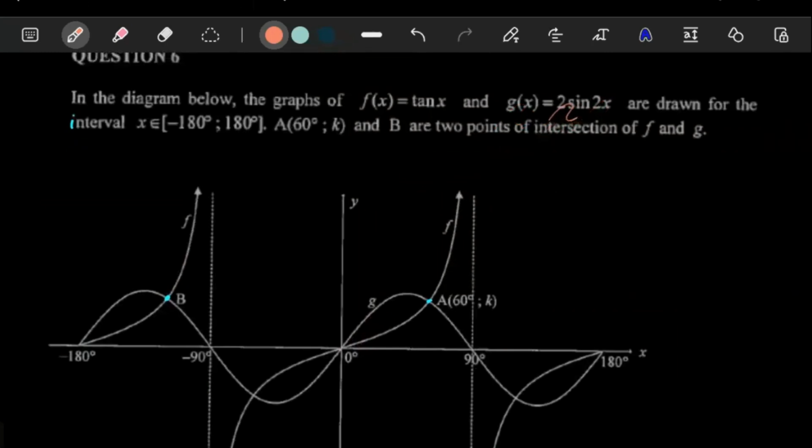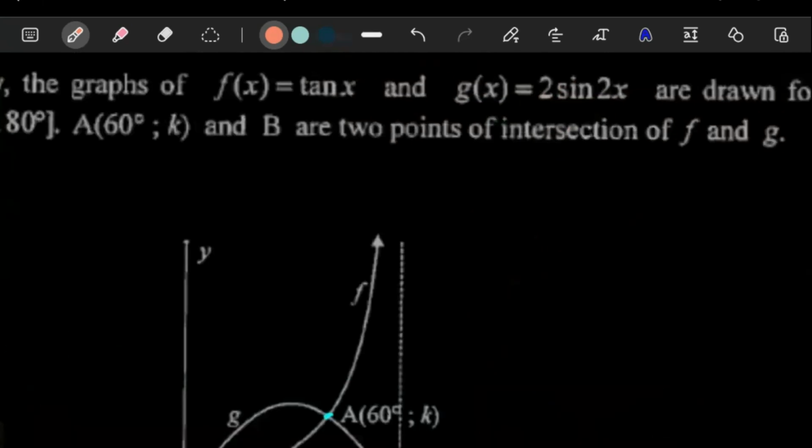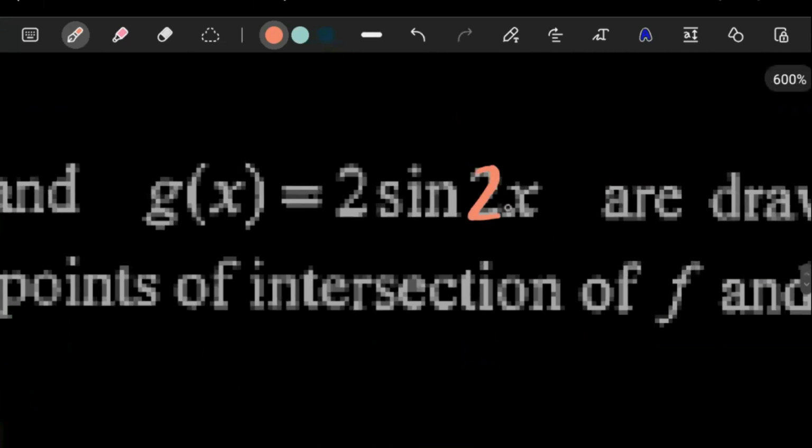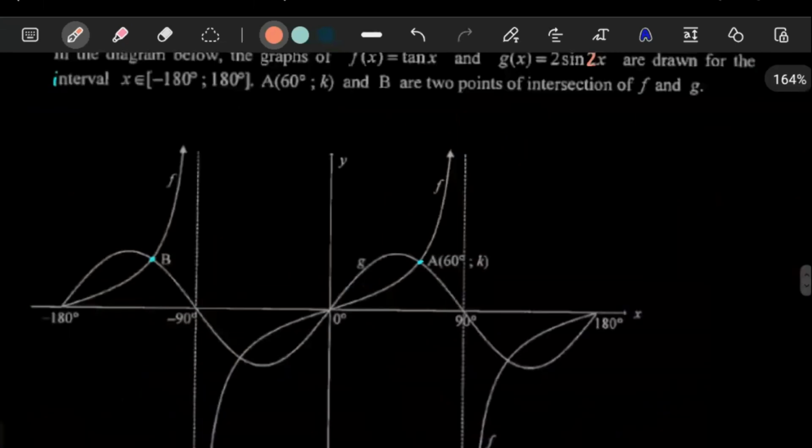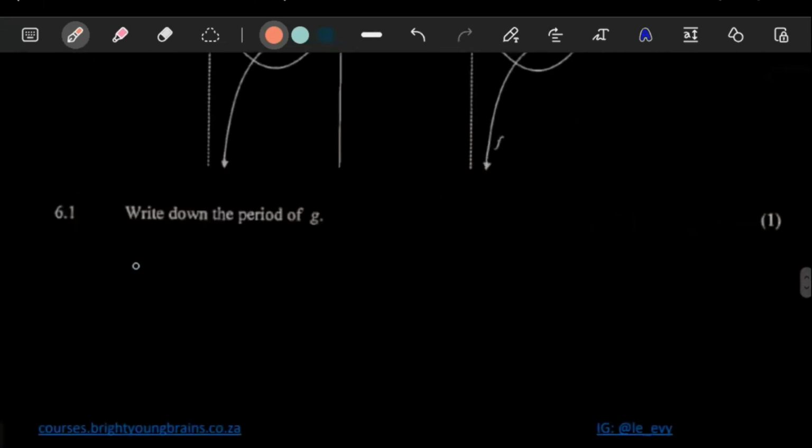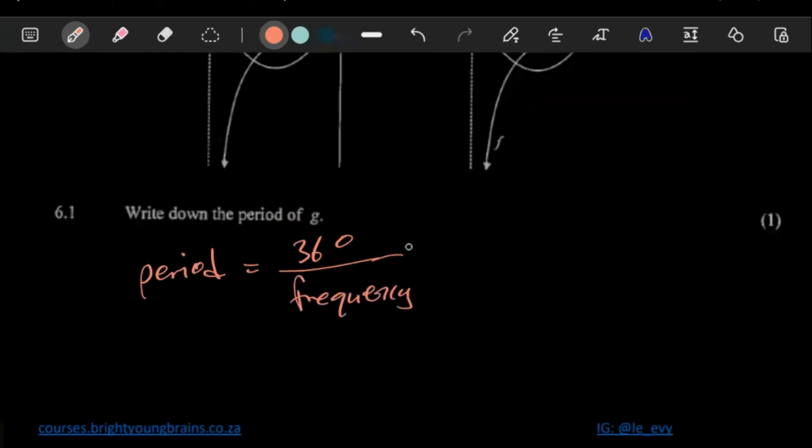What is it that we know about the sine graph? The sine graph has a frequency of 2. This is what gives you the frequency. Now you have a formula that says your period, for a sine graph and a cos graph, is 360 divided by the frequency. In this situation the frequency is 2, so you have 180 as your answer.